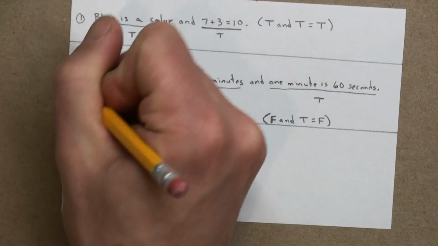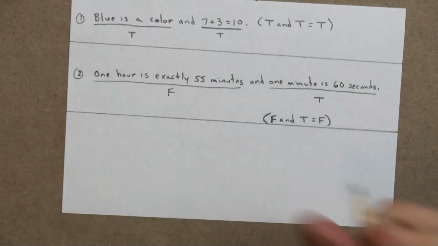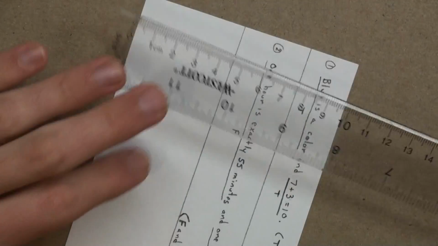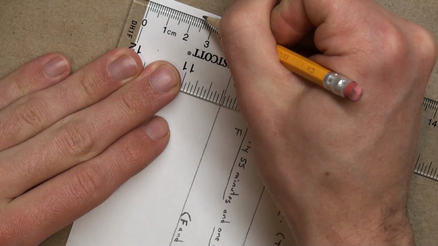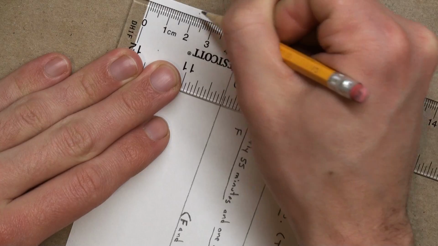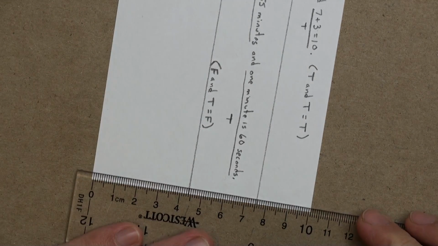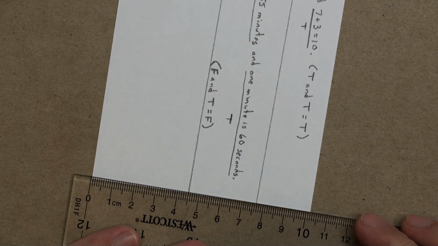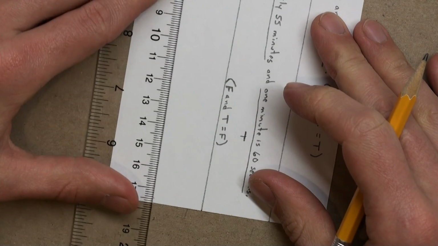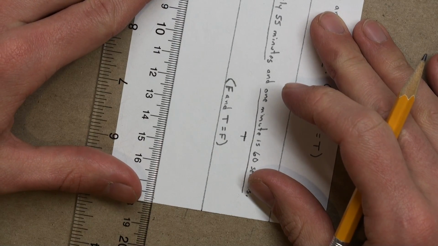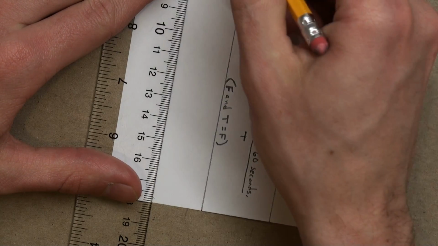This is example 1. This is example 2. Let me just divide up this box first so I don't run out of room.